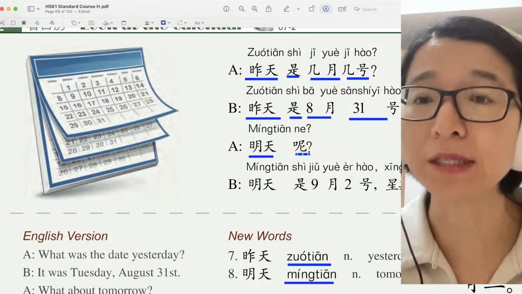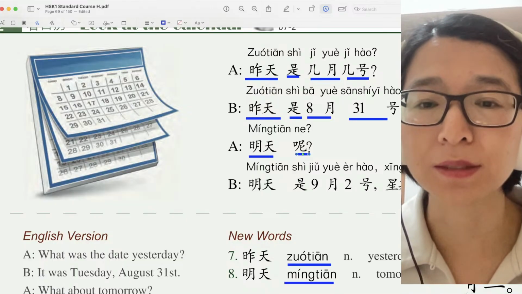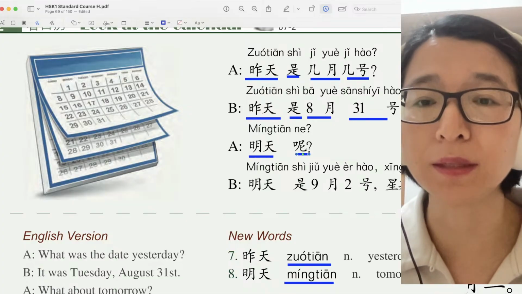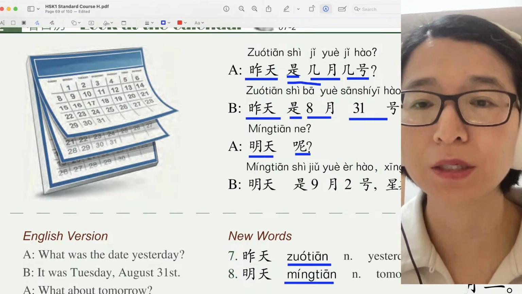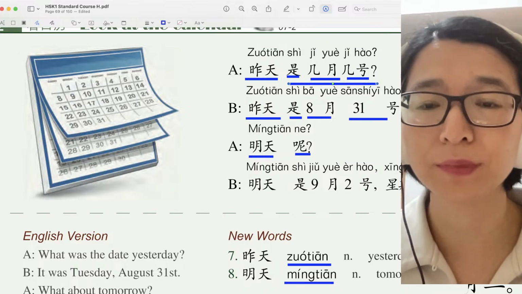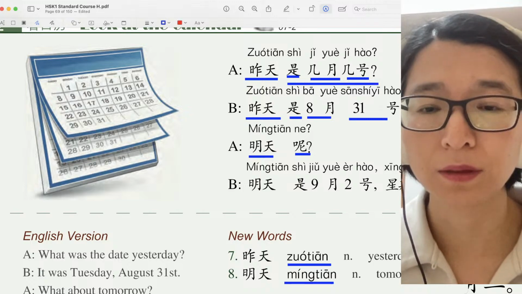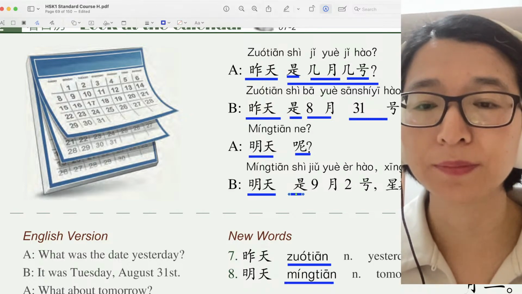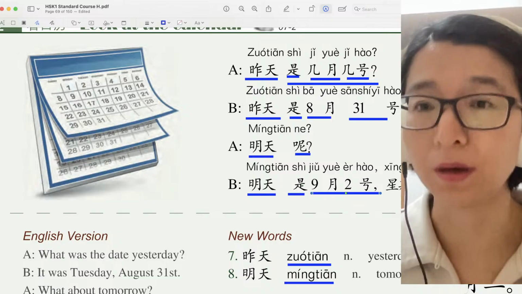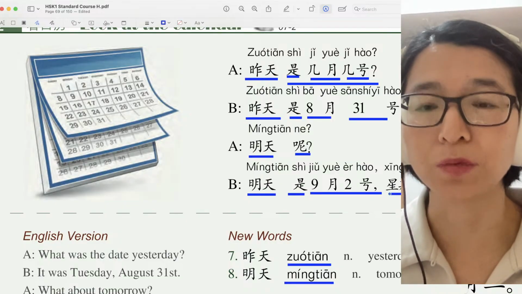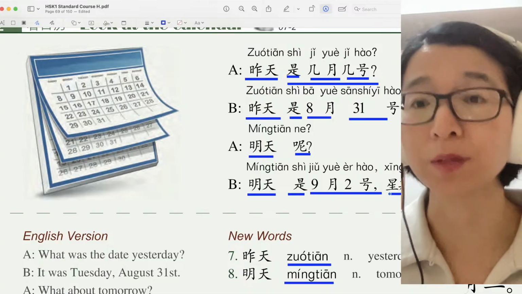If you want to see the full sentence, it's no problem. You can say 明天 and then repeat 是几月几号, right? Or you can just simply say 明天呢? 明天是9月2号，星期四. Tomorrow is.